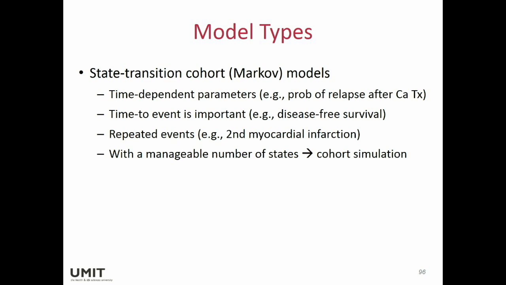A state transition cohort model is an approach that you would use if you have time-dependent parameters that you want to consider or that you need to consider. For example, the probability of a relapse after cancer treatment, which changes over time. We know that this probability goes down over time.